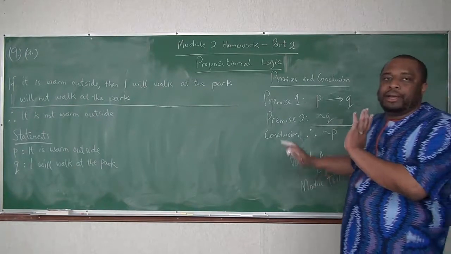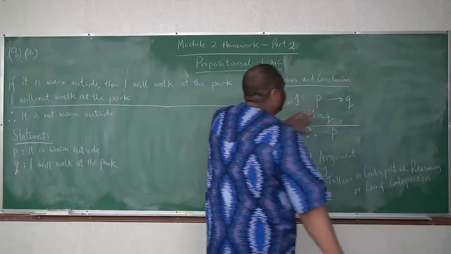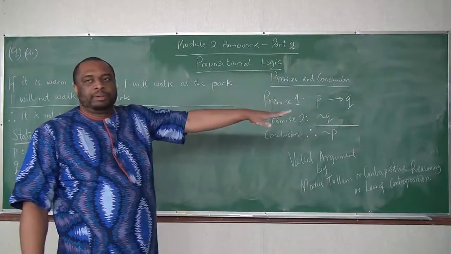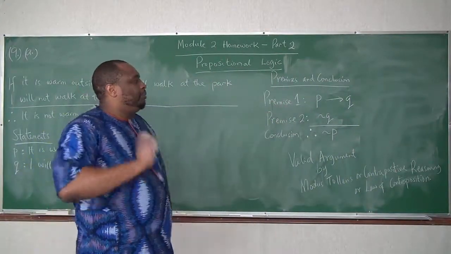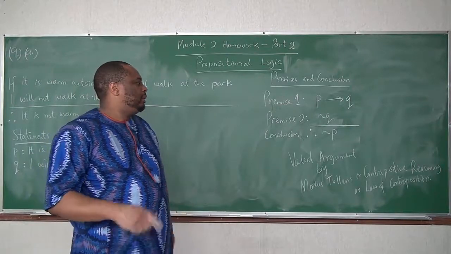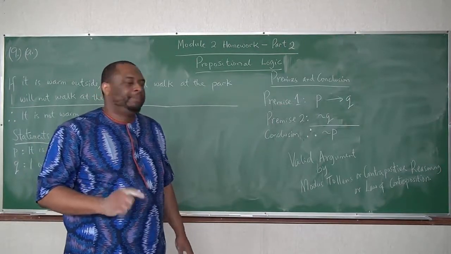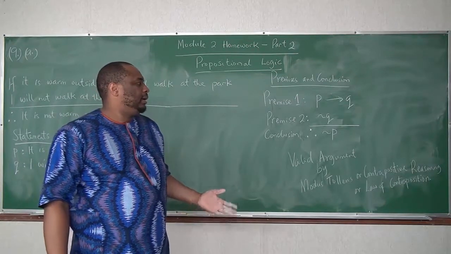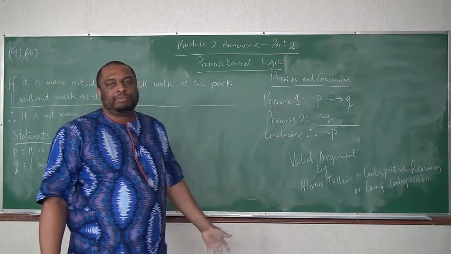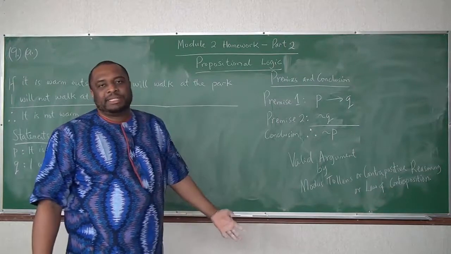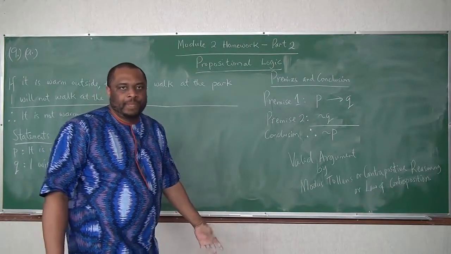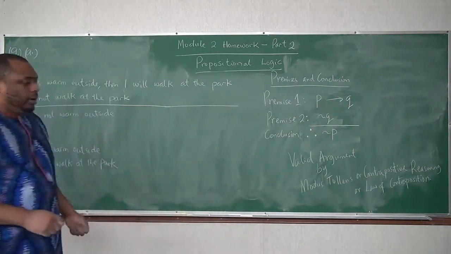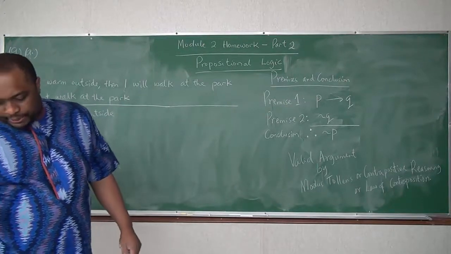Anytime you see an argument in this form, premise 1, P implies Q, premise 2, not Q, conclusion, therefore not P, it is valid by modus tollens, or law of contraposition or contrapositive reasoning. Alright, that is A part.